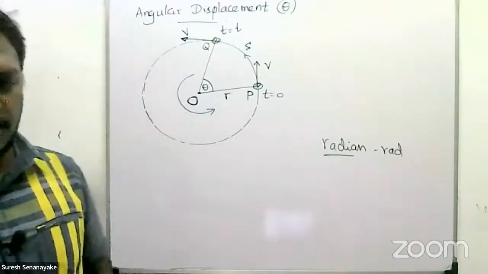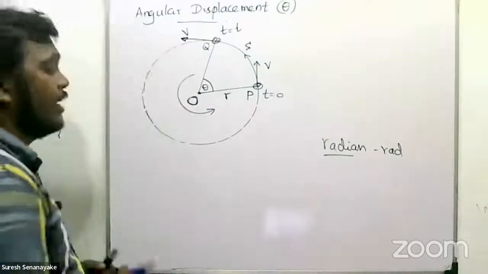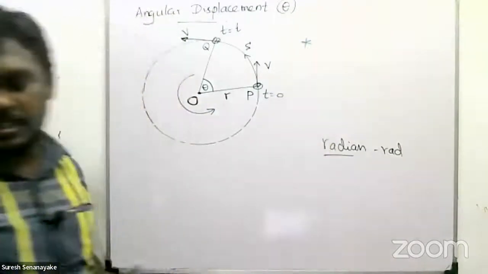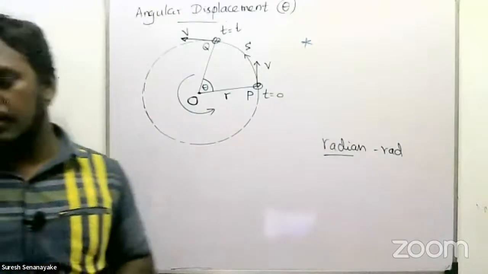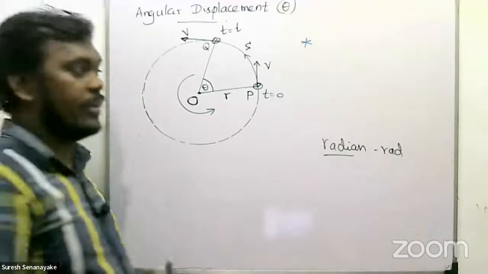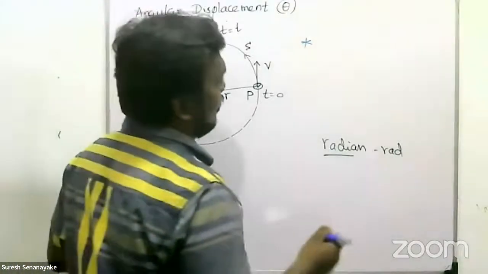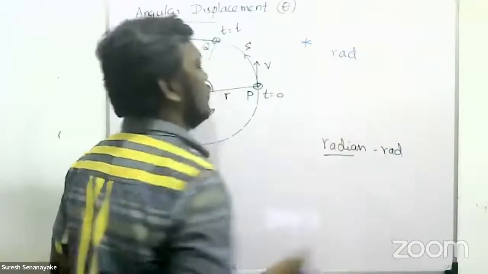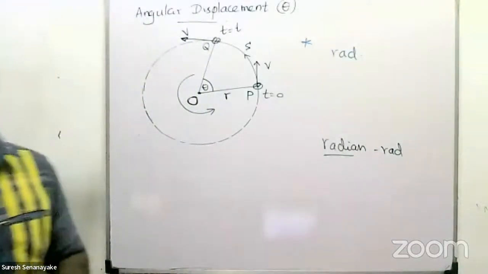Right? This angular displacement is a scalar quantity, and its SI unit is radian.